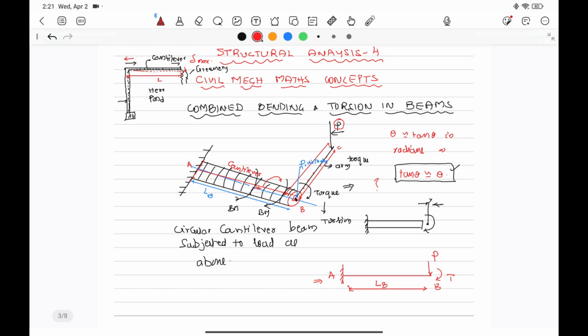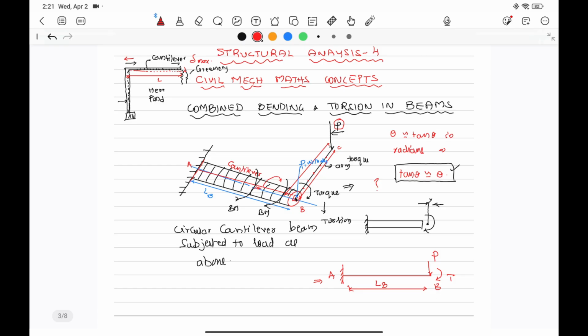We have considered a 7 joints truss. 2 into 7 is 14, minus 3 is 11. 11 members are there in the truss. Hence it is a perfect frame. A perfect frame is a frame where the number of members is equal to twice the number of joints minus 3.